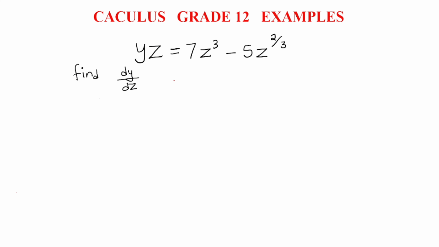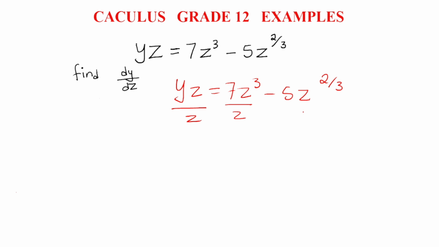Okay, so now our equation, let me just put it here, is yz is equal to 7 z to the power of 3 minus 5 z to the power of 2 over 3. All right, so now what I will do is divide everything by z, so that I can have y as the subject of the formula.